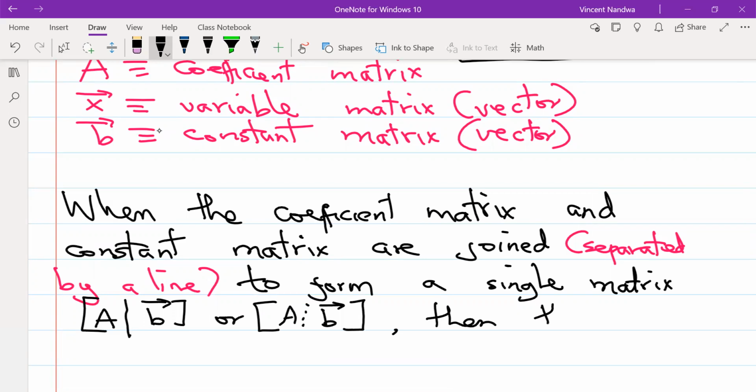Then this matrix is called an augmented matrix of the system.